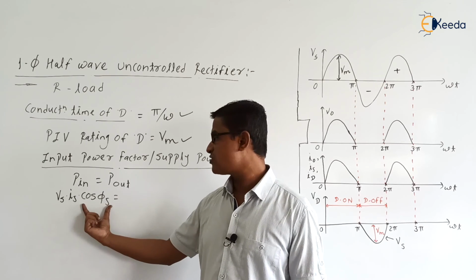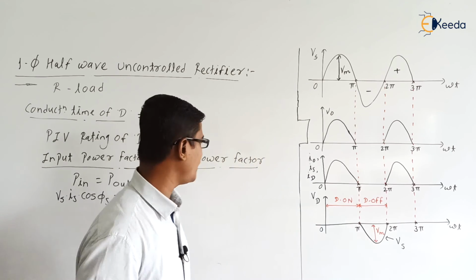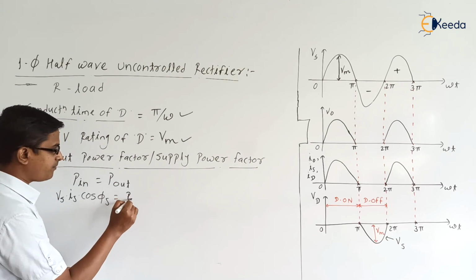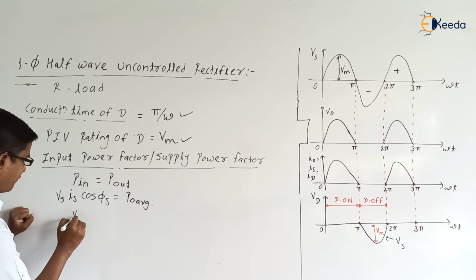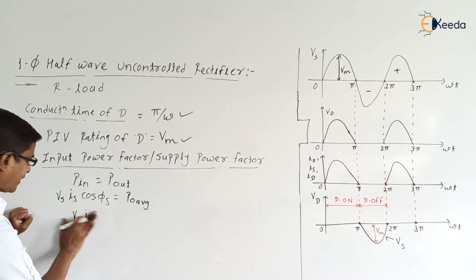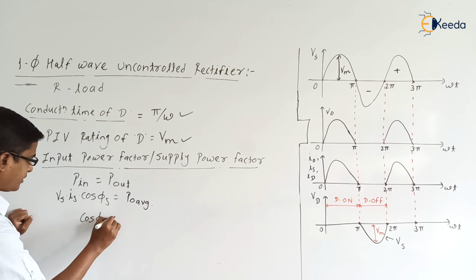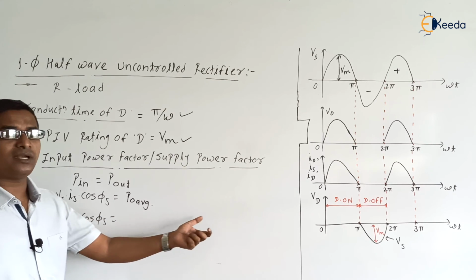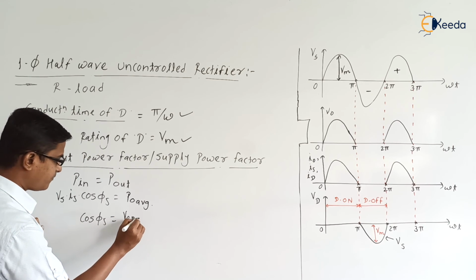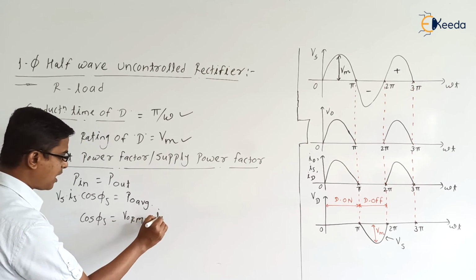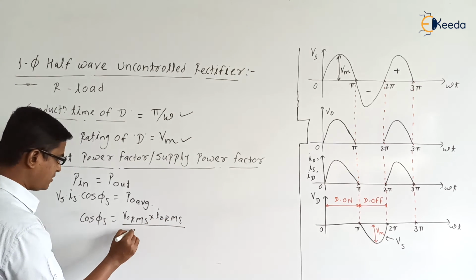So here cos phi s indicates the input power factor or the supply power factor, and Vs into Is into cos phi s is equal to P out. P out is P0 average. So we can write cos phi s is equal to P0 average, which we have just derived, that is V0 RMS into I0 RMS, divided by Vs into Is.